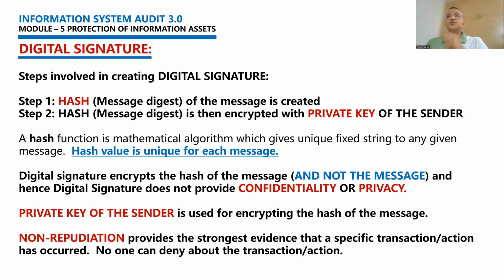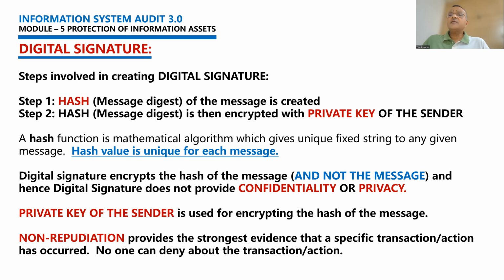The moment he does, the hash generated by that algorithm will be different from the original one which I sent. So when the receiver receives the message with the digital signature and tries to decrypt it, he'll find that my hash or message digest is not matching the hash or message digest which he has generated when he receives the message. This clearly indicates that the message has been altered or tampered with in transit.